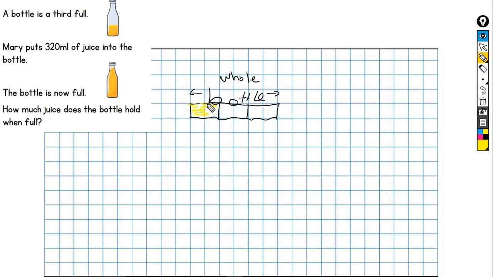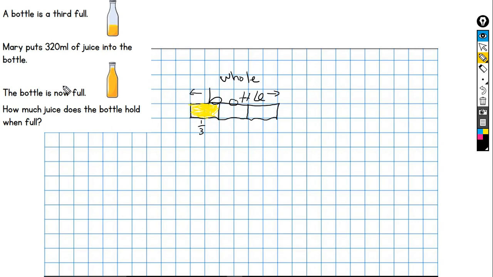That shows the beginning, doesn't it? That's how much was in the bottle at the beginning. Do you agree? So that's what was at the beginning, and we're told that was 1/3. So that's 1/3 of the bottle.